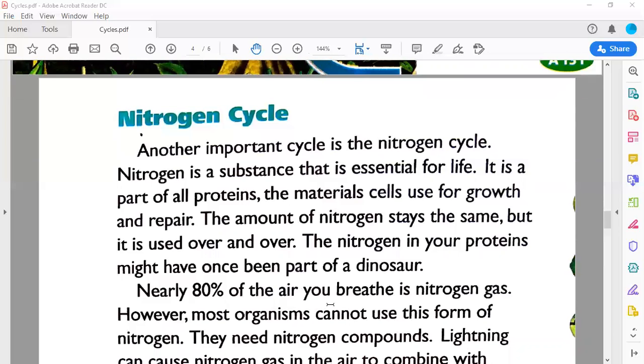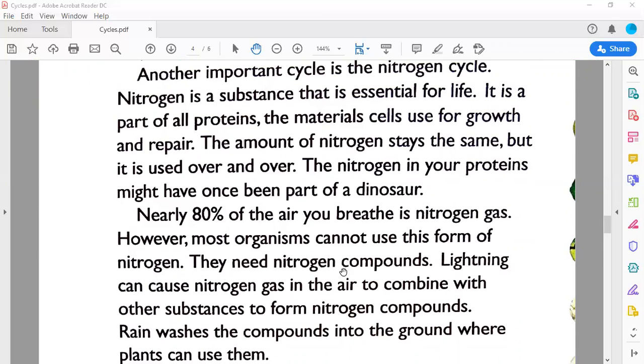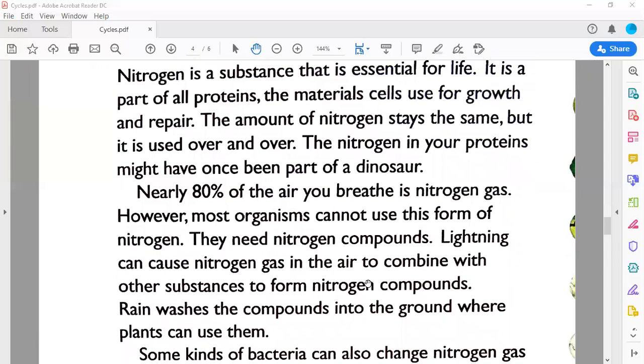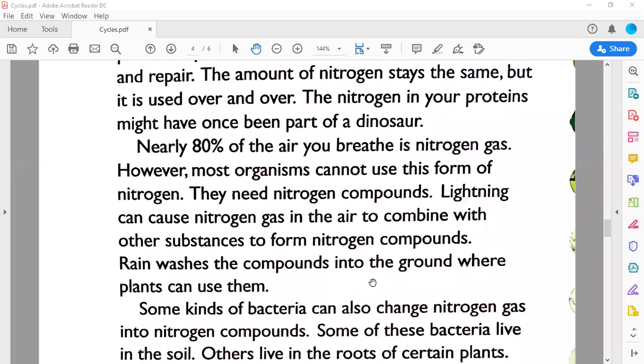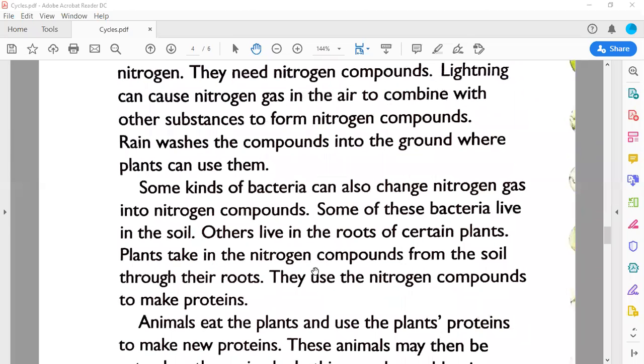It is also important to mention that not all organisms can use this form of nitrogen. They need other nitrogen compounds, and they need to find a different way to get the nitrogen they need. And bacteria, for example, change nitrogen gas into nitrogen compounds.